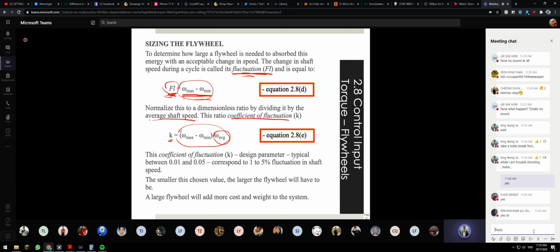So here we will get the formula stated here. Normally the coefficient of fluctuation is typically between 0.01 to 0.05, which means the fluctuation is about 1 to 5% of the shaft speed.